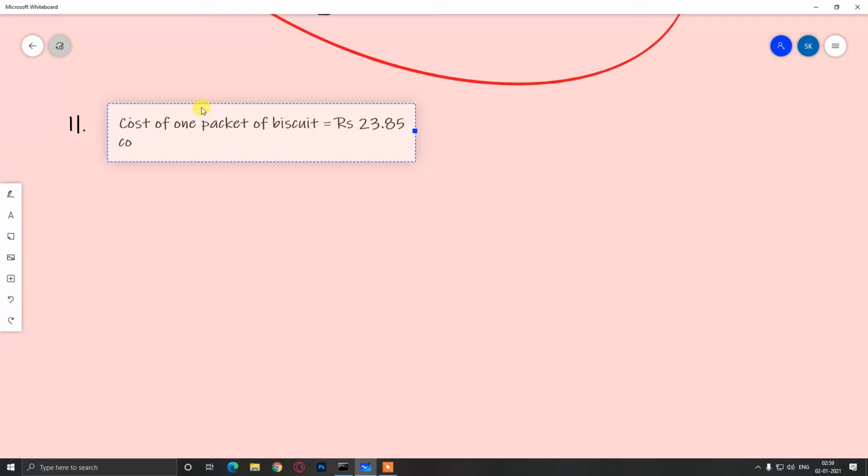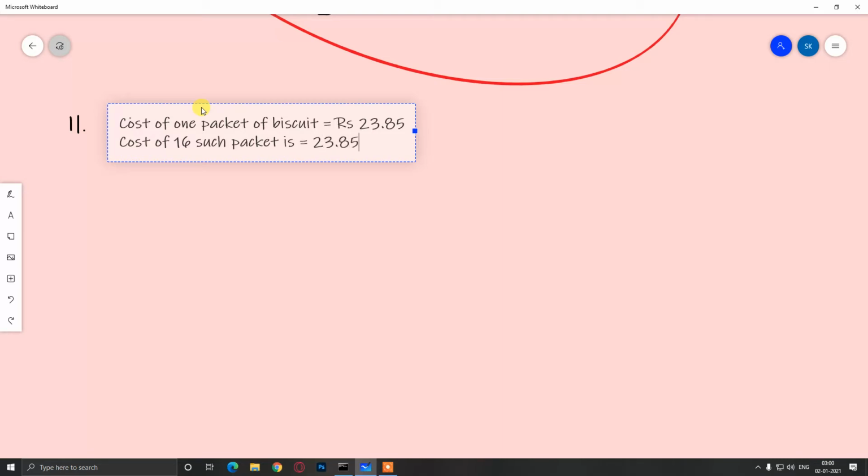So cost of 16 such packets is equal to 23.85.